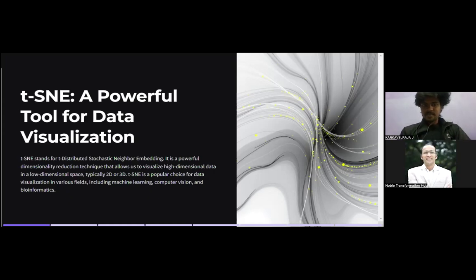We are just reducing the dimensions of the data from higher to lower, typically 2D, 3D. tSNE is a powerful choice for data visualization in various fields, including machine learning, computer vision, and bioinformatics.